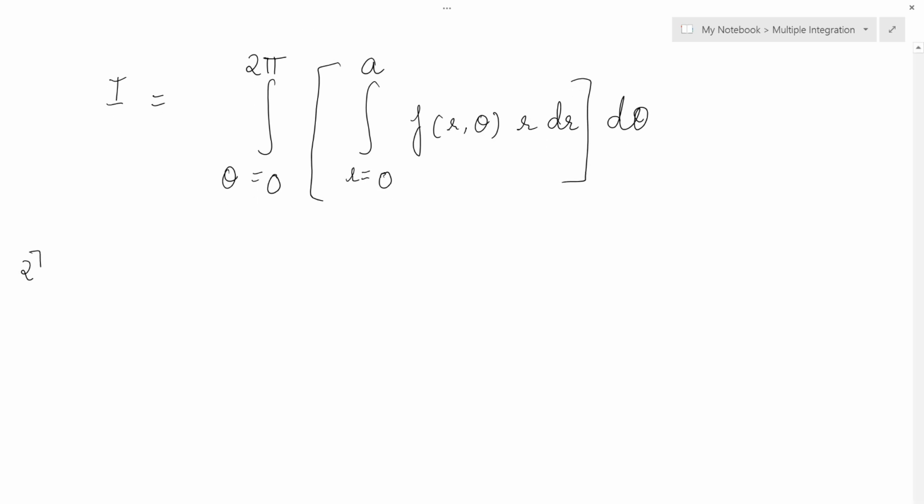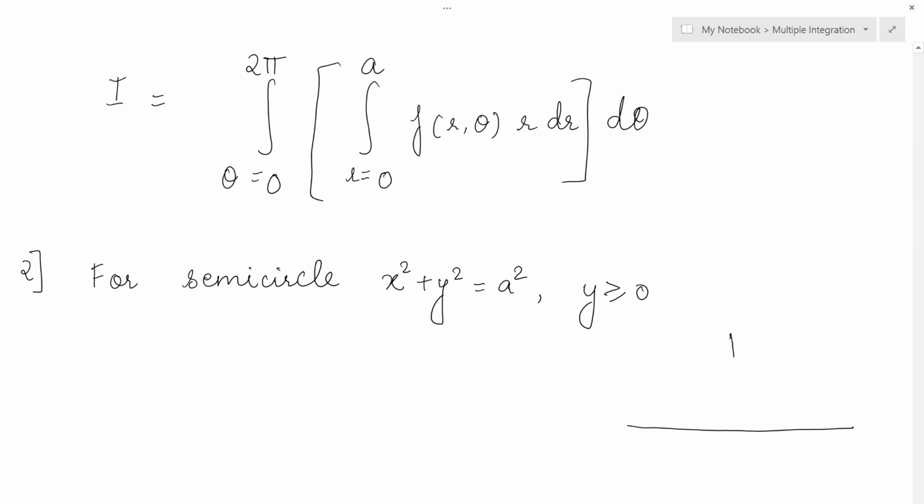Now let us see for a semicircle. Same logic I will see. I hope now you have got the logic. What is the radial strip? Okay, here the semicircle equation is, it is y greater than equal to 0, not on the other side.